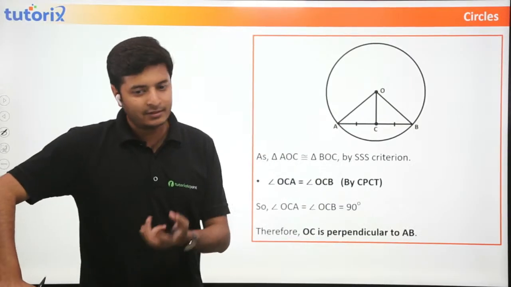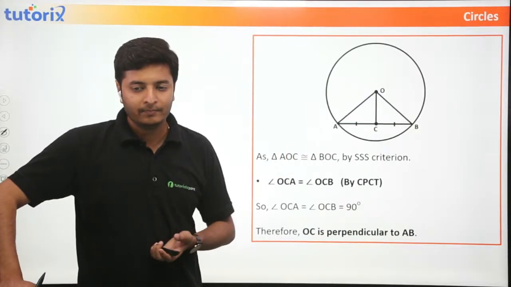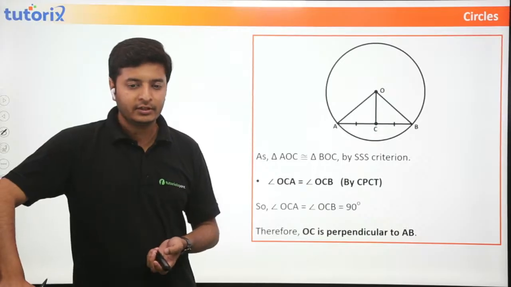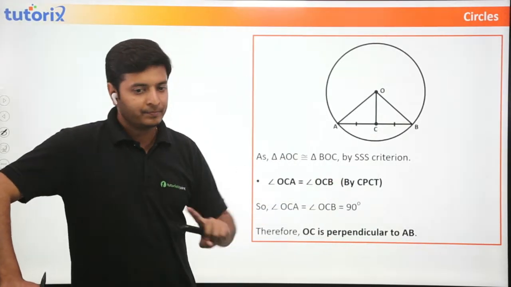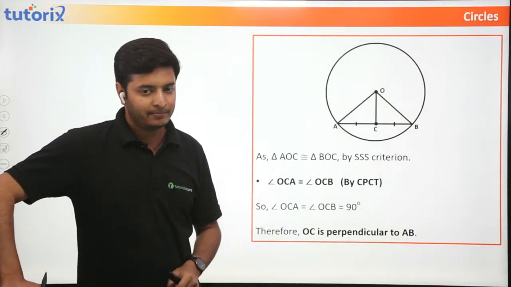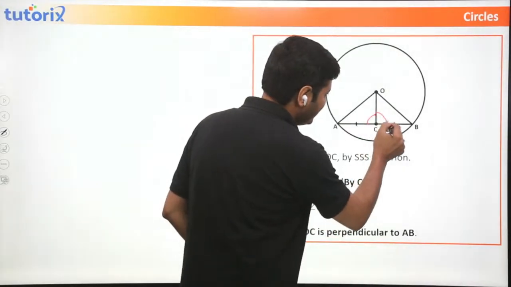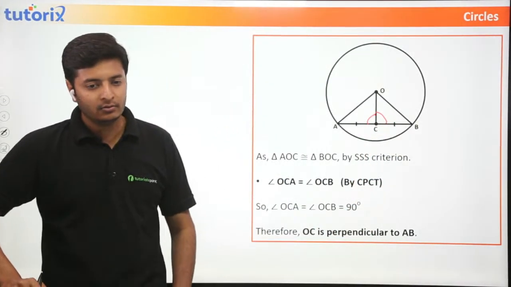So now the biggest weapon, correct? If we are proving two triangles to be congruent, of course we are doing it for only one thing, so that we can apply CPCT. So these two triangles are congruent. It means angle OCA is equal to angle OCB. These two angles are equal and they are also making one thing, no?